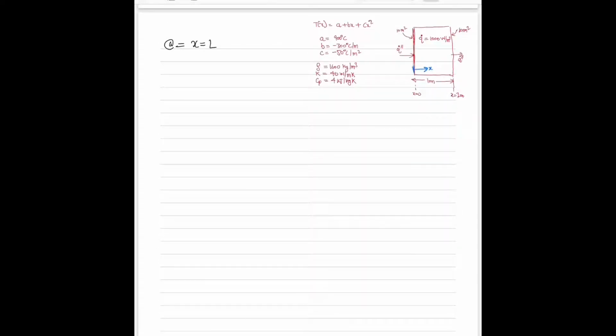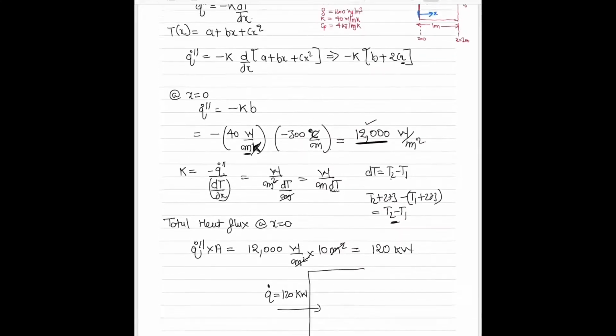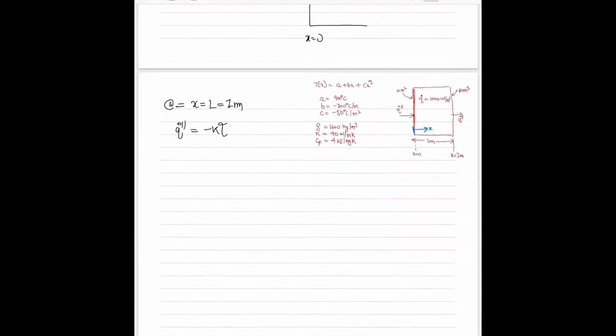Now let's talk about x equal to L, that is 1 meter. We have the heat flux as minus k (b + 2cx).